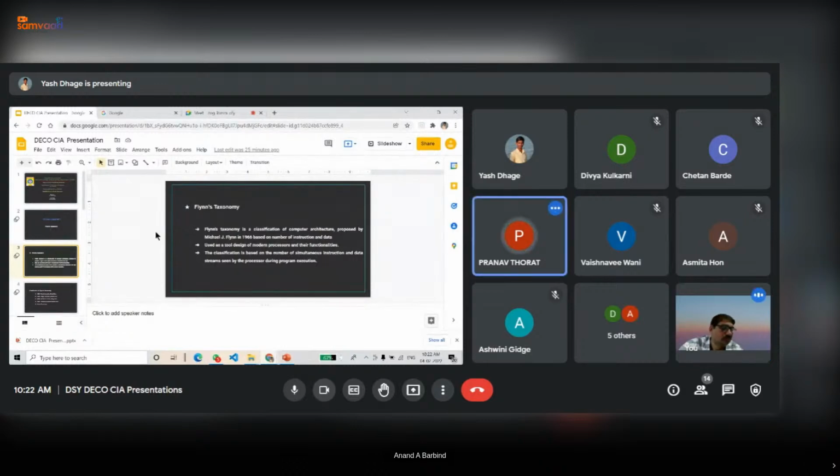Further divided, sir. Multiprocessor system, multiple processors running simultaneously.